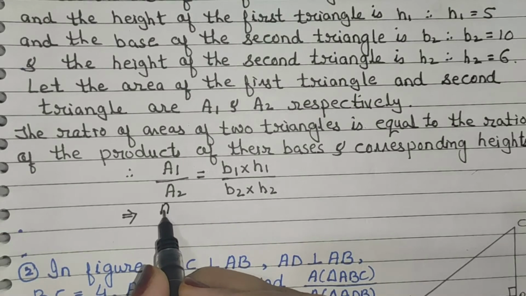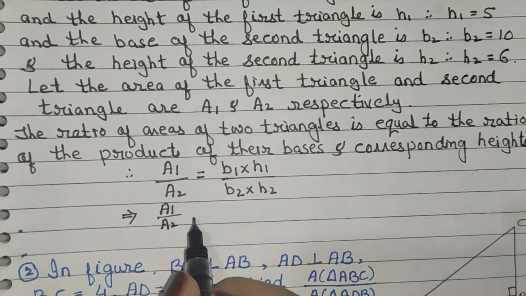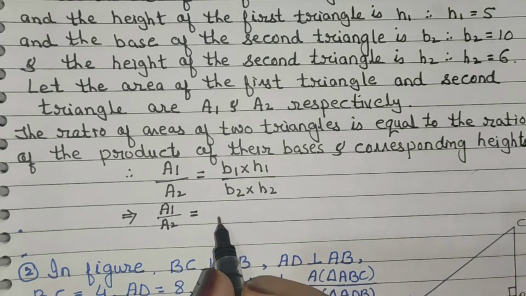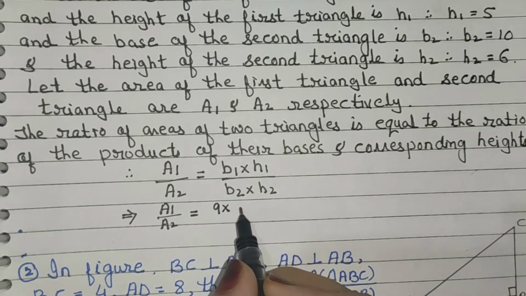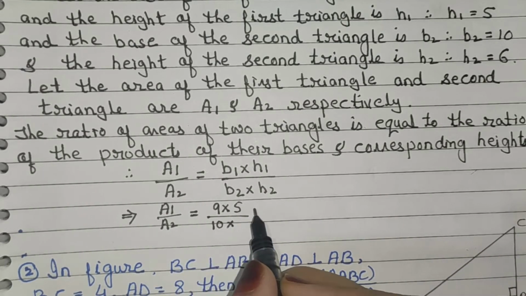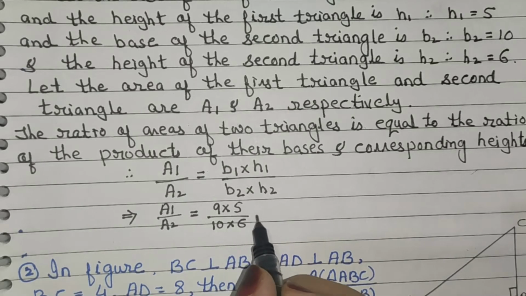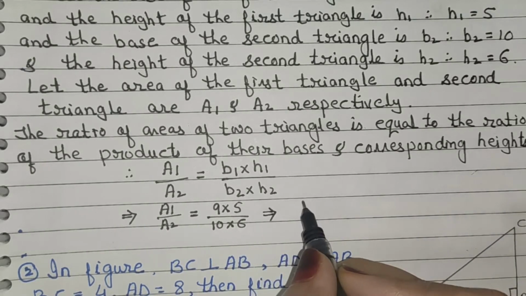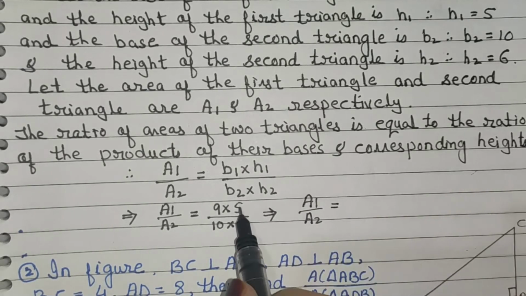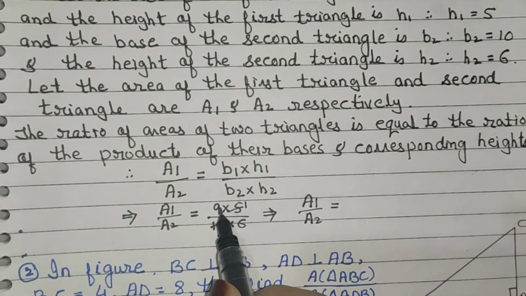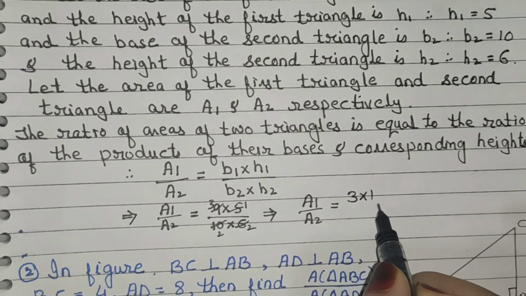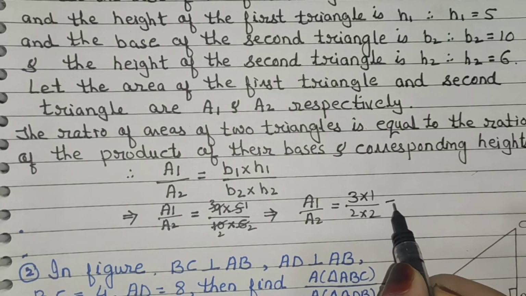Therefore, substituting all the values, A1 upon A2 is equal to, now B1 is 9 into H1 is 5 upon B2 is 10 into H2 is 6. Now cancel it, solve it. We get here A1 upon A2 is equal to 5 1s are 5, 2s are 3, 3s are 3, 2s are. Now we get here 3 into 1 upon 2 into 2.